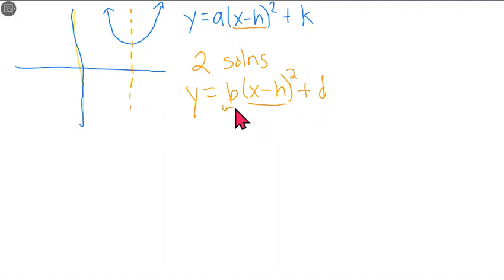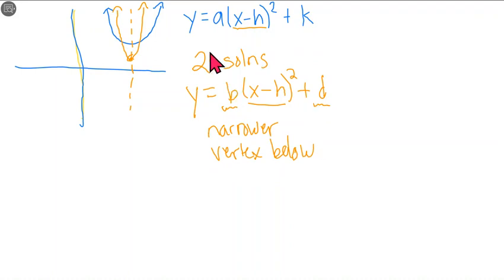You get to pick the opening and the stretch and the y value of the vertex. So let's say I do something like this. Could you describe to me the b and the d values necessary? So it looks like I need to make it narrower. And it looks like I need the vertex to be below. So how do I do that?